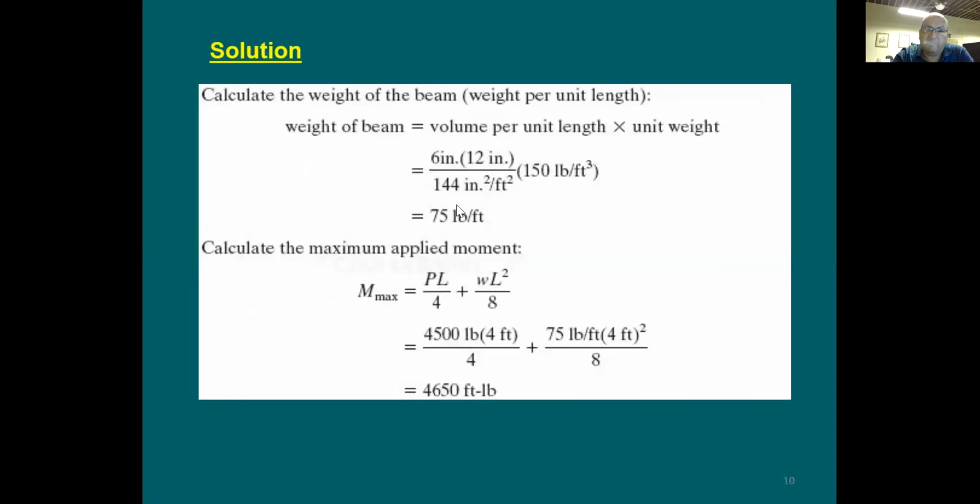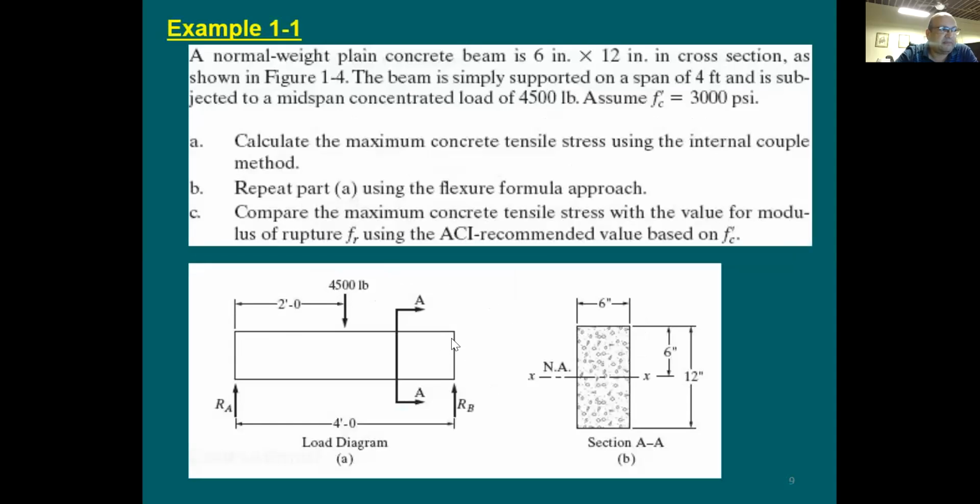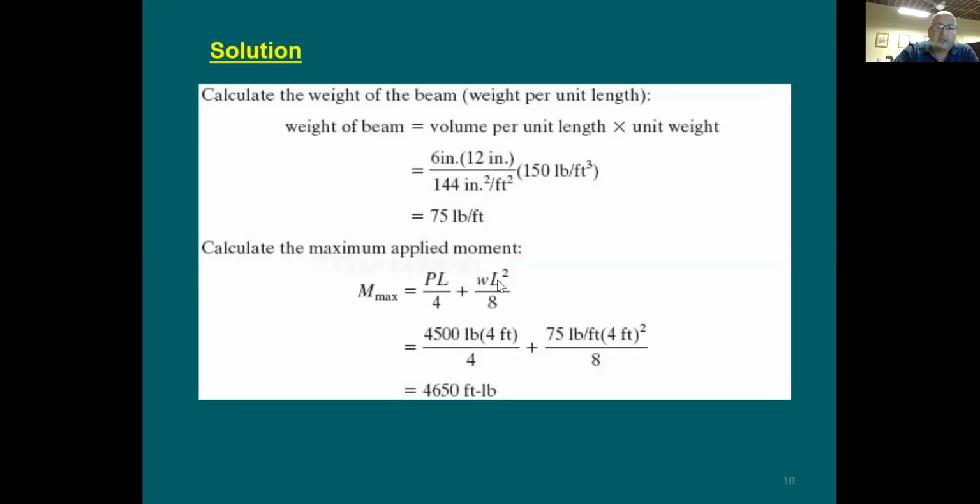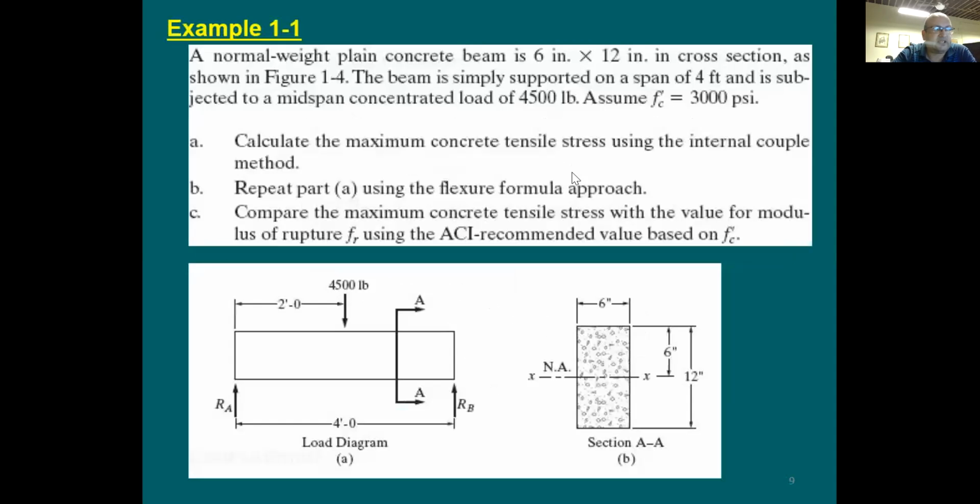Now in this beam, I need to consider the self weight of the beam, because this is like a uniform load on the beam. Concrete unit weight, as we have discussed in the past, is equal to 150 pounds per cubic foot. You should be able to figure out the cross-section area of this beam, which is 6 times 12, and to put it in feet, you divide by 144.